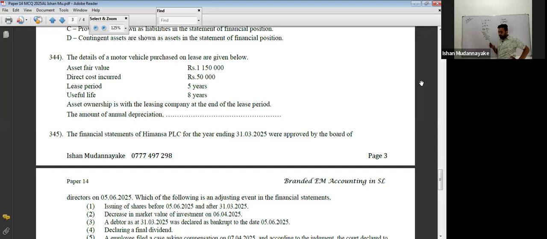Useful lifetime 8 years. The asset's ownership is with the leasing company at the end of the lease period. Ownership of the asset is not transferred to the lessee.